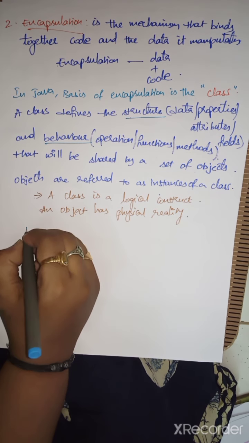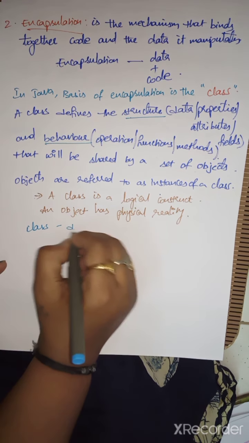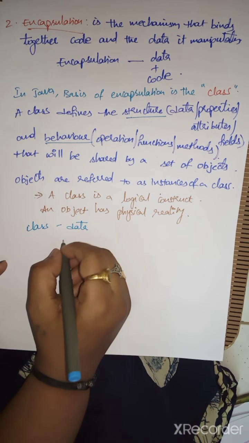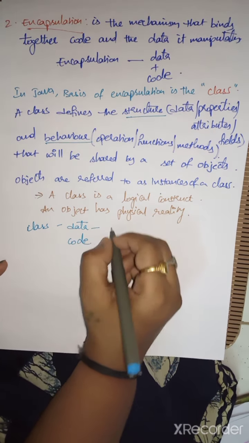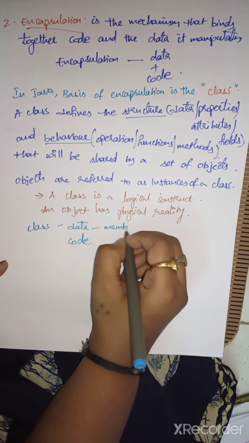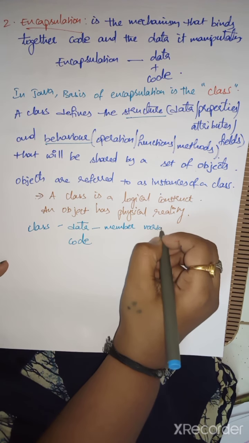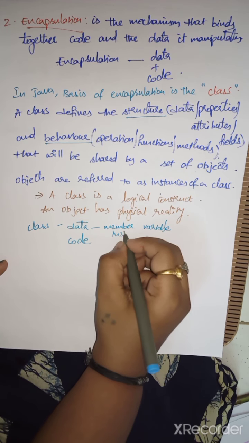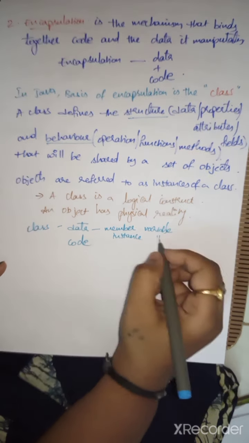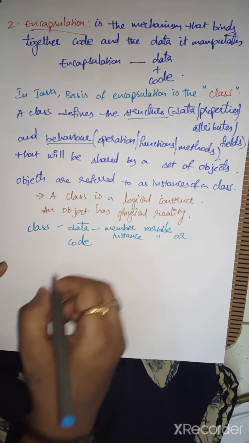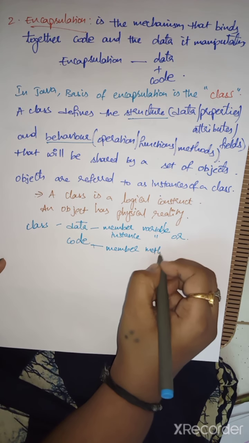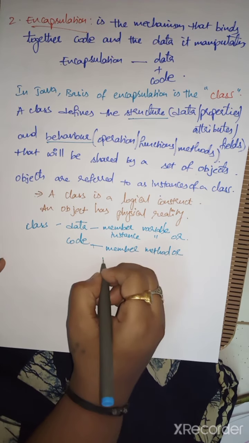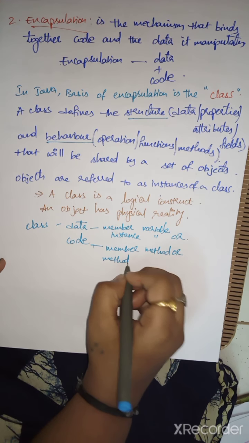The class contains data and code. This data you call a member variable or instance variable. Code you call a member method, or simply a method.